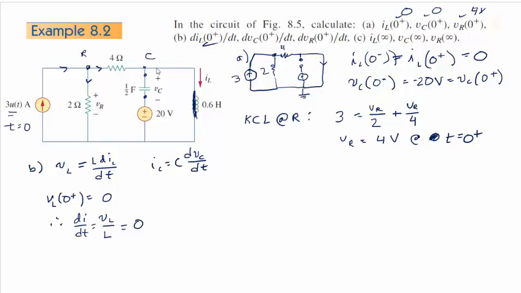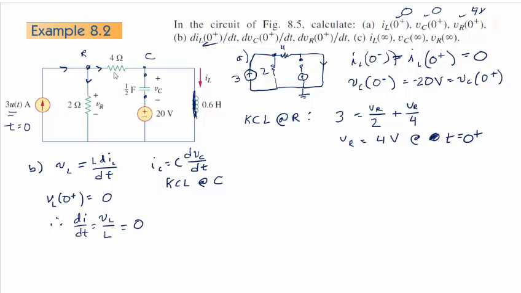So let's apply KCL at this node C and see if we can determine what this rate of change is going through here.